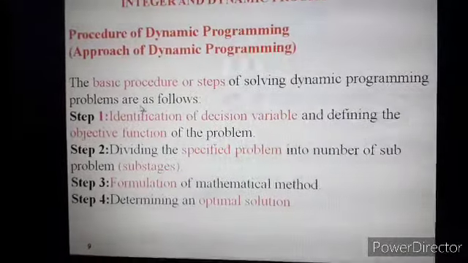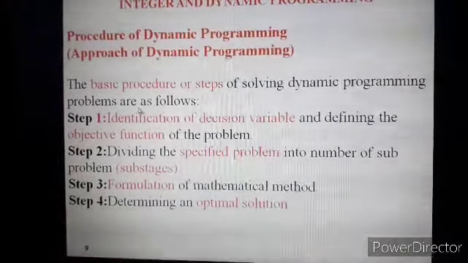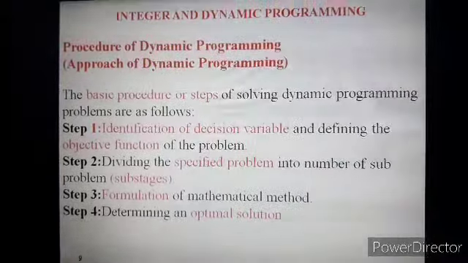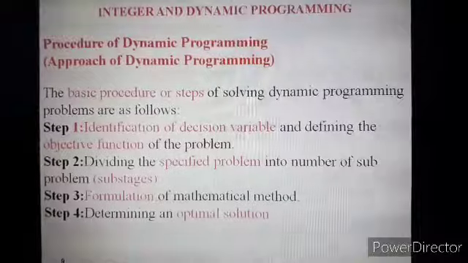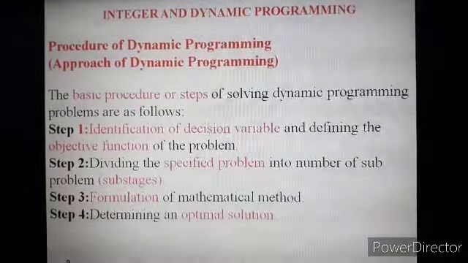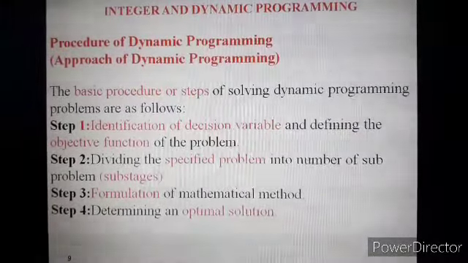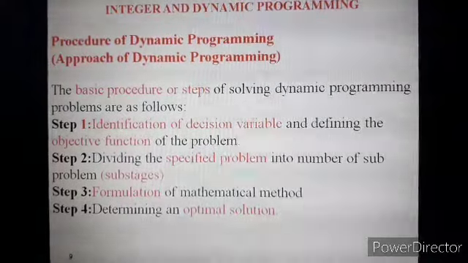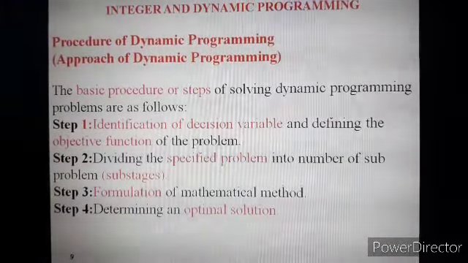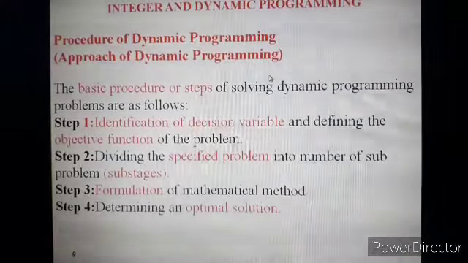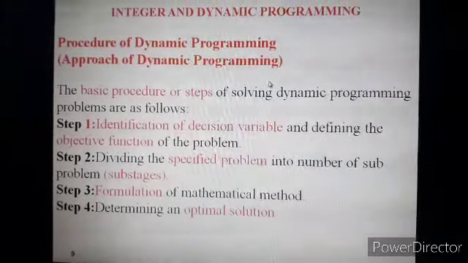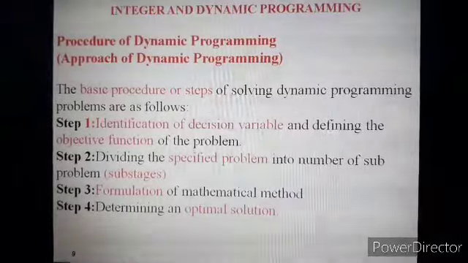Next we will discuss the various steps that are used in dynamic programming problems. Before we proceed, can you recall the steps we discussed for linear programming problems? Similar steps we have to follow in a dynamic programming problem. The only difference is that we have to define our given problem into sub problems.